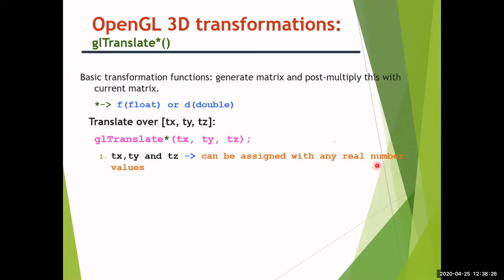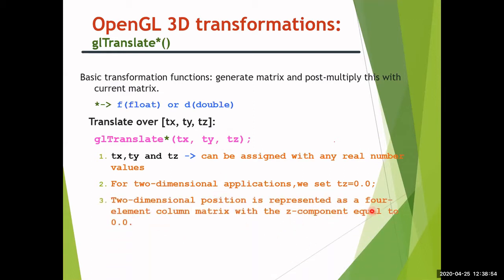They can be assigned any real number values. For two-dimensional applications, we put Z equal to 0.0. Otherwise, if you place a value other than 0, it applies a 3D translation.